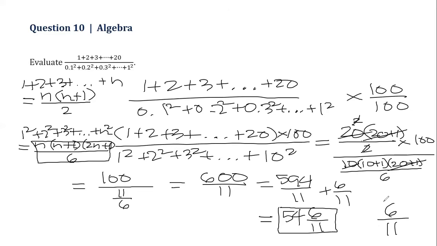But as I said earlier, I think it's acceptable to write 600 over 11. If you want to write it horizontally, you can just write 600 over 11 instead. Does that answer your question? Yes, teacher. Thank you, teacher.